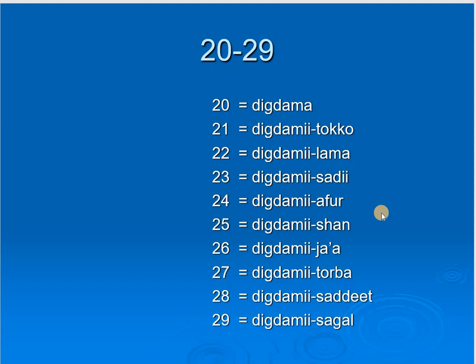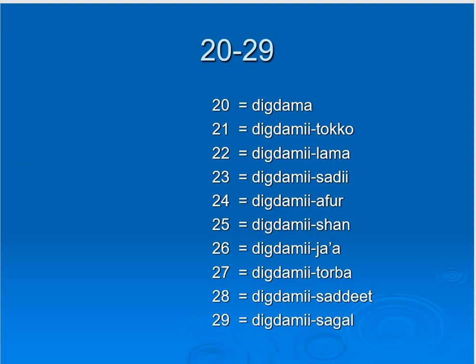The only thing that changes is that the last ma sound changes to mi. Digdami tokko, digdami lama, digdami sadi, and so on until we reach 29, digdami sagal. I think in Oromo, these are the two areas where it's really difficult to remember.